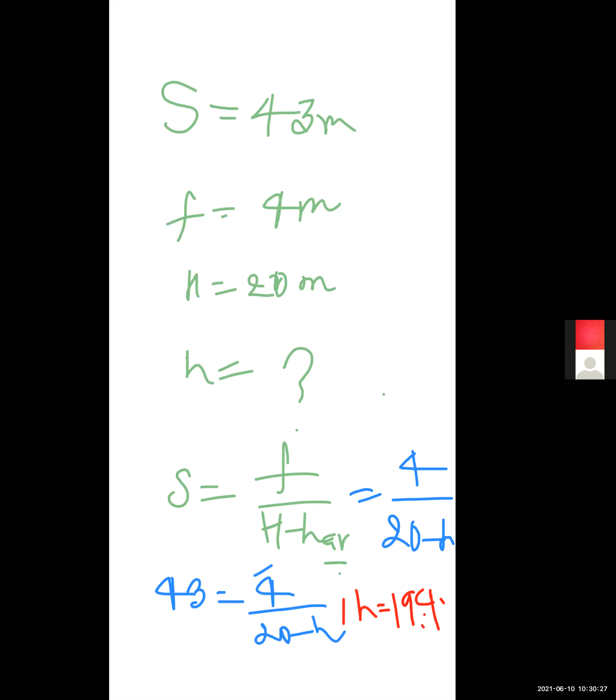This statement is true or false. Are both statements correct or not, true or false?